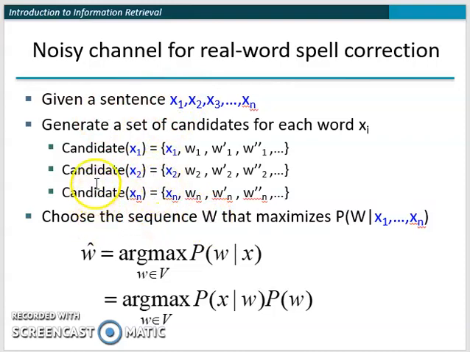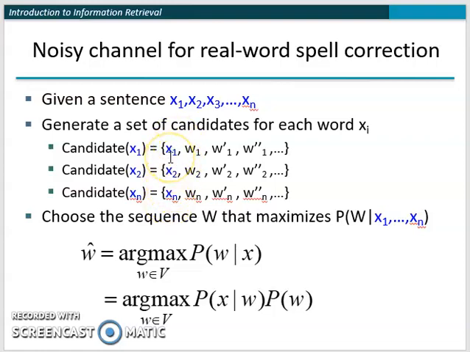Now how can we find the correct sequence? We will choose a sequence W that maximizes P of W given x1 up to xn. Now this sequence W comes from all these words. So one possible sequence is x1, x2 up to xn.